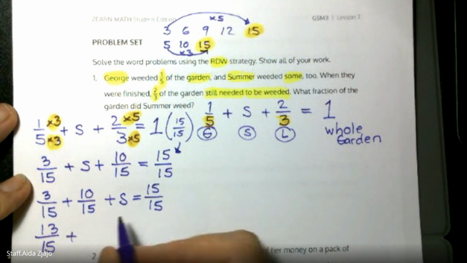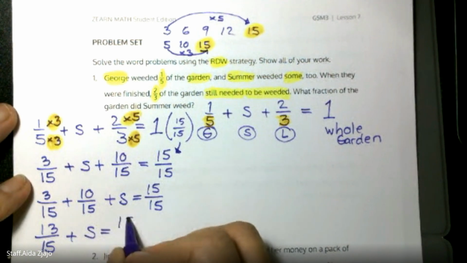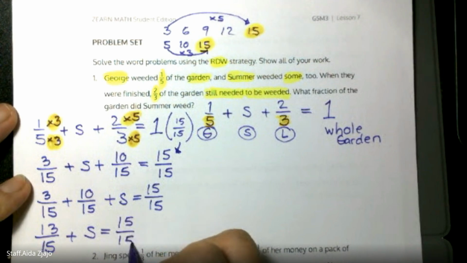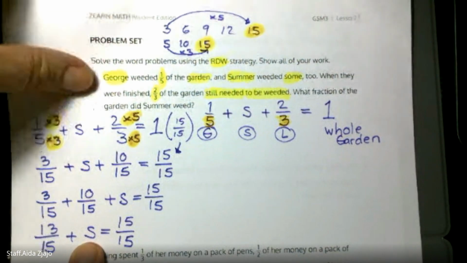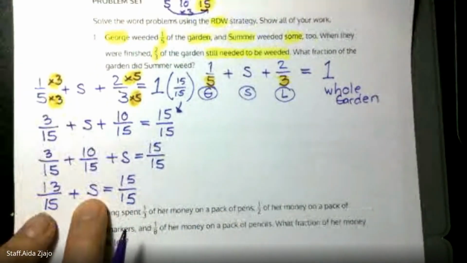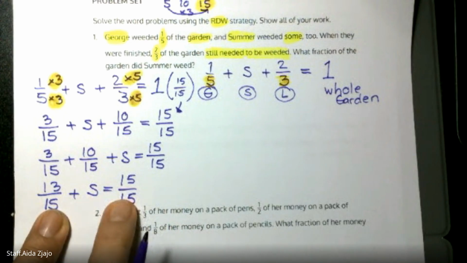So right there we can see that 13/15 and 2/15 is the same as 15/15.